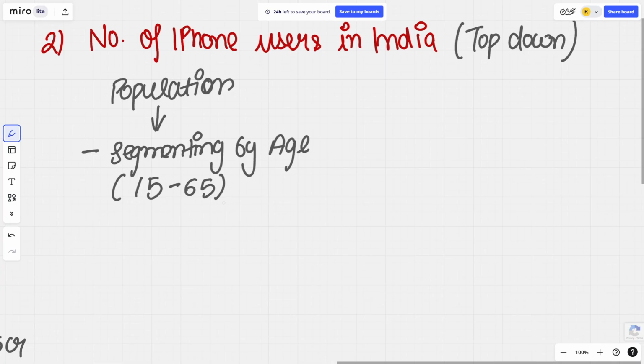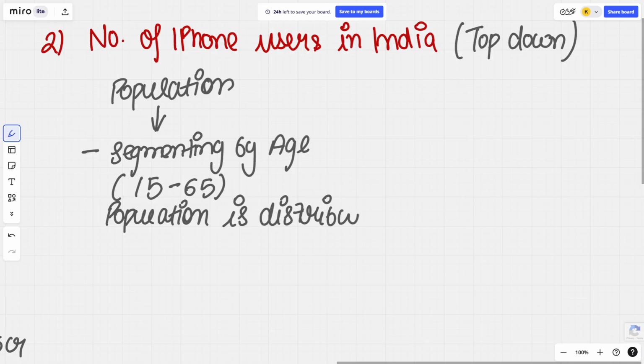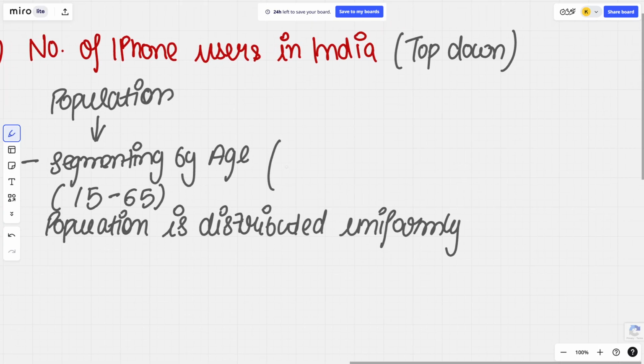digital mobile phone, and I'm assuming that the population is distributed uniformly. What I mean by that is, let's suppose we have a population of 150 CR.